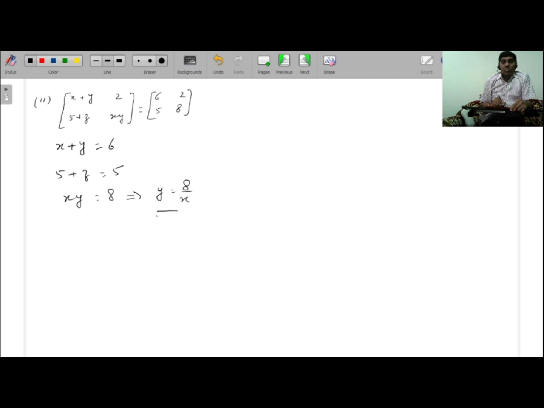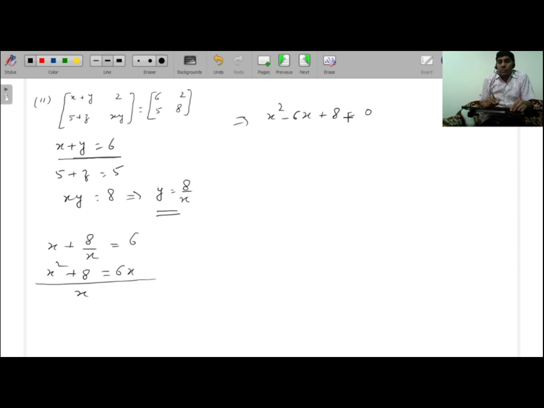Putting the value of y in the equation x plus y, we have x plus 8 by x is equal to 6. Taking x as LCM, x square plus 8 is equal to 6x. This implies x square minus 6x plus 8 is equal to 0.